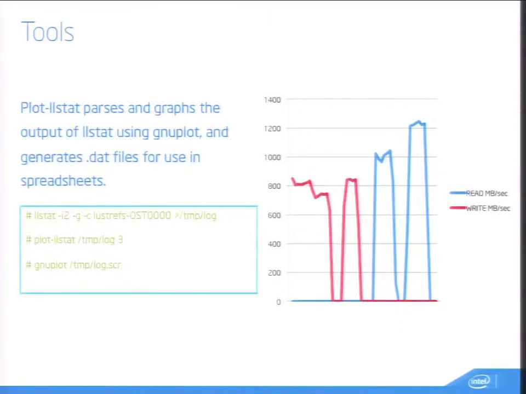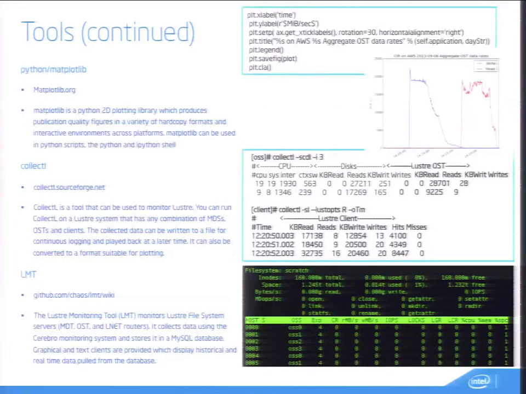You can use this to extract information from a log that you create with llstat, and you can use it to import the .dat file generated from plot llstat into your spreadsheet, or use gnuplot. I'm happy to use gnuplot.